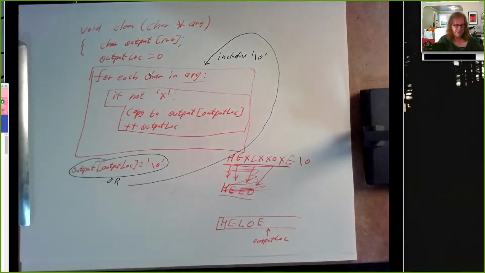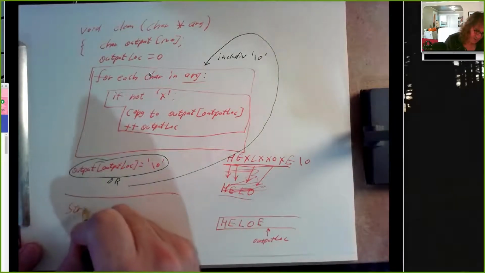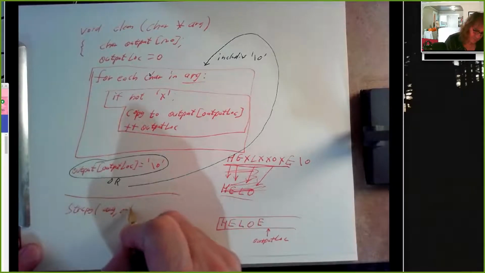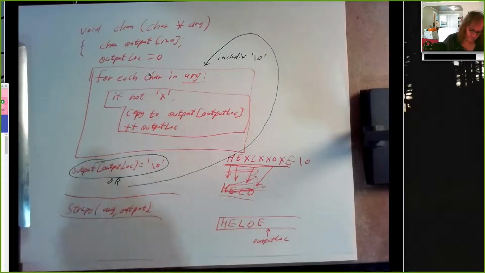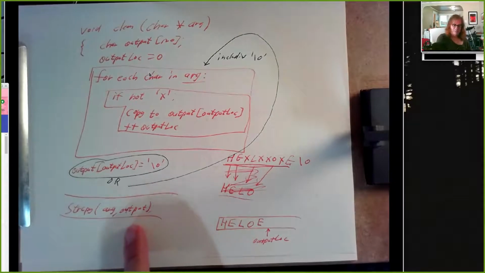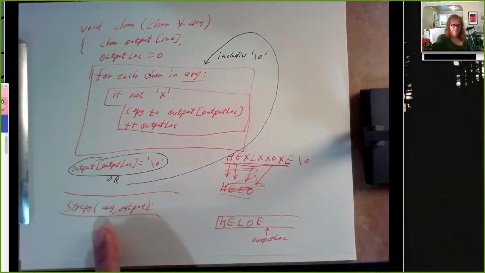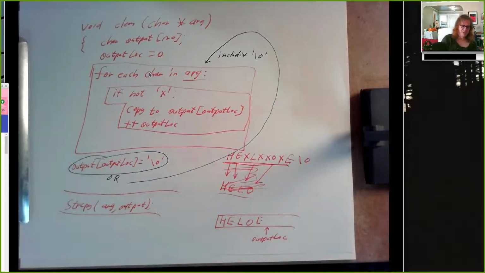The last thing you need to do is a string copy. String copy will take this character array and copy it into that character array. So it'll take the cleaned up array, copy it into the original, and then you're done.